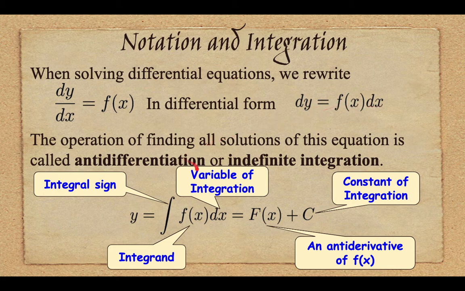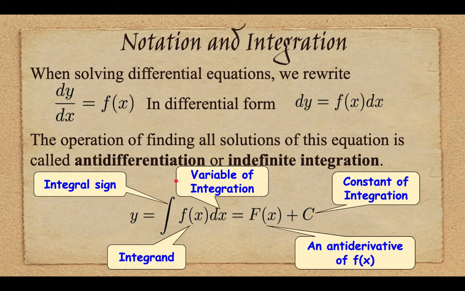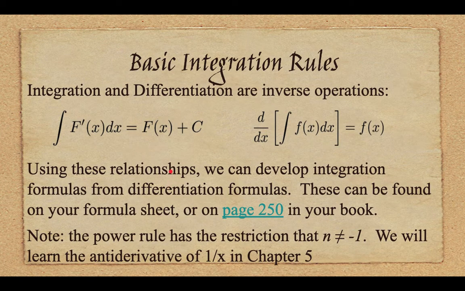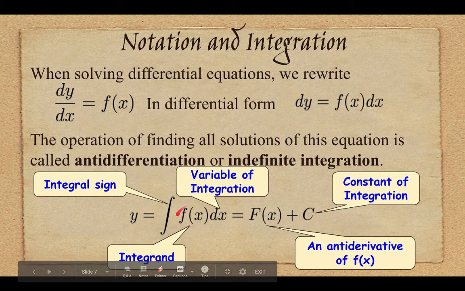And then we come along with this funky, elongated S type of thing. This is what we call the integral sign. It is the symbol we use to represent this idea of integration. So we would say y equals the integral of f of x dx.